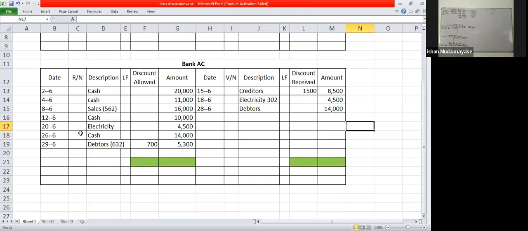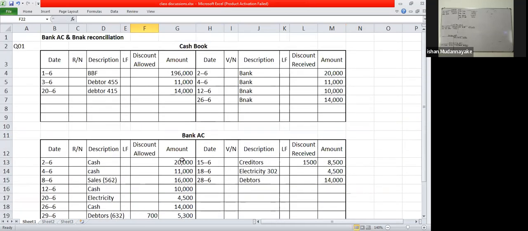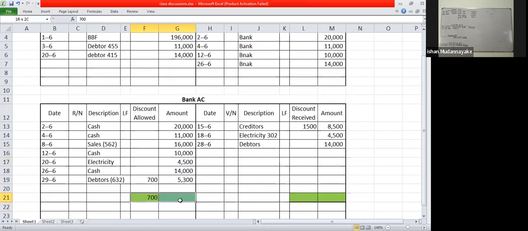Then you need to record the discount allowed total amount here. In the cash book also you need to balance off.